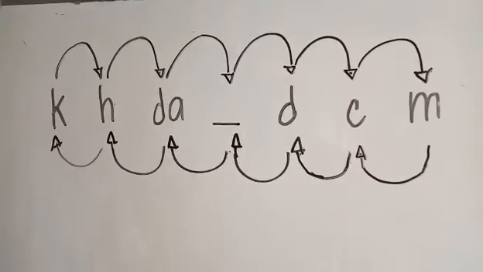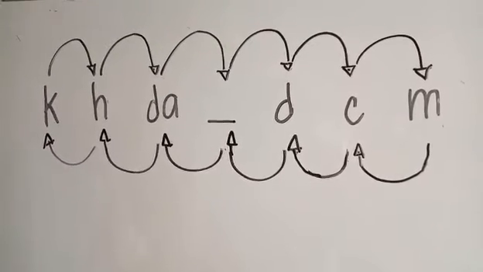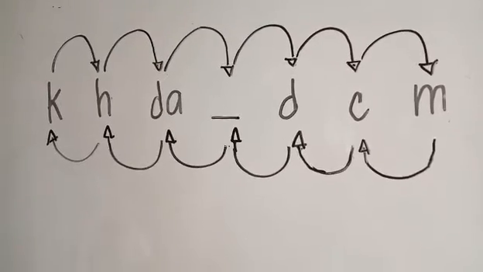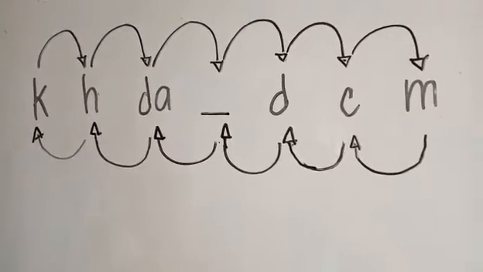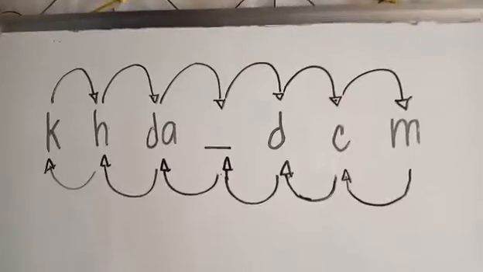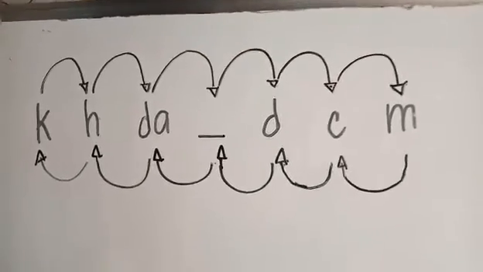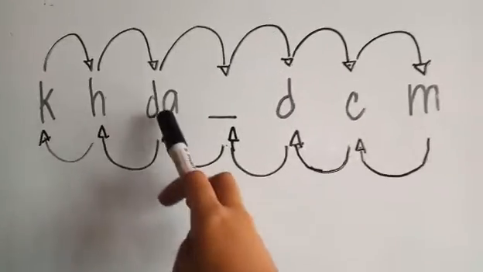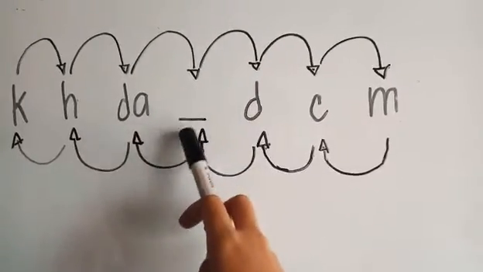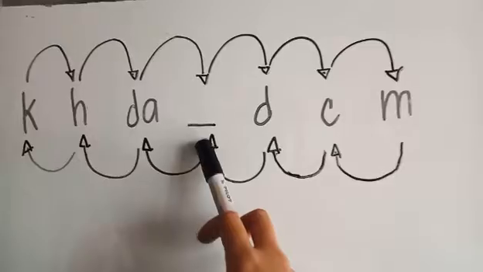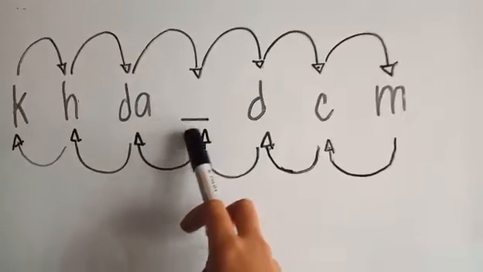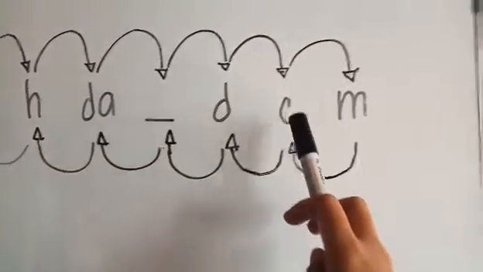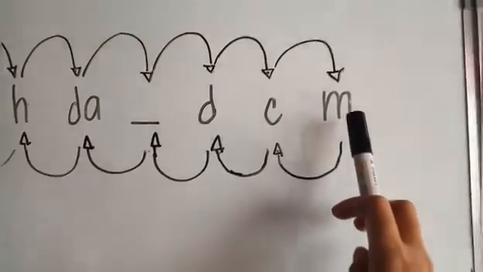So we have here a chart. This chart shows how to change one unit of measure to another. So this is our unit from earlier, which is kilo, hecto, deca, then blank, depending on what unit of measure is given. Then this is deci, this is centi, and we have the milli.